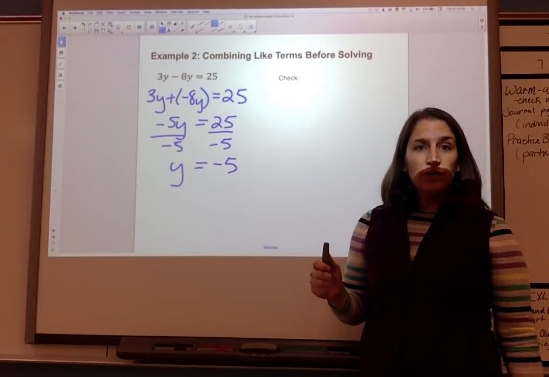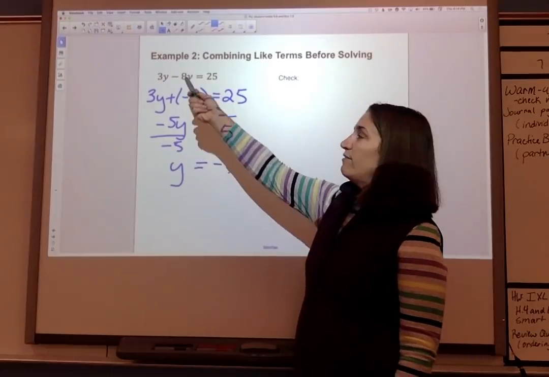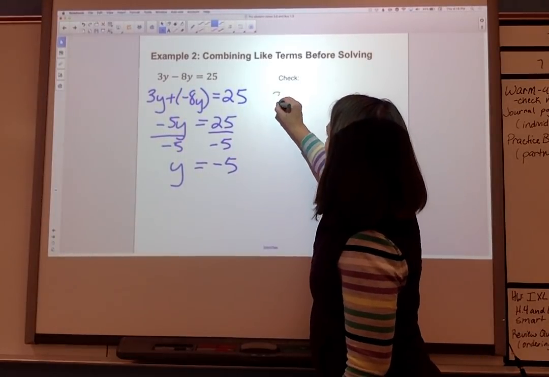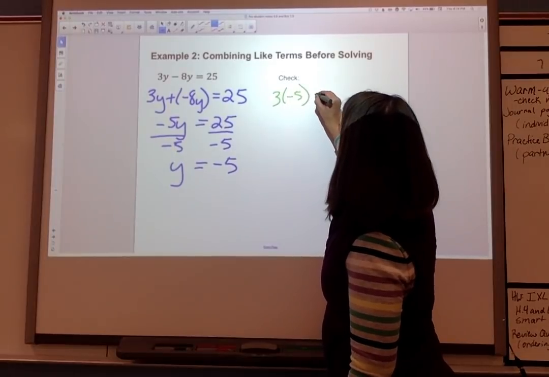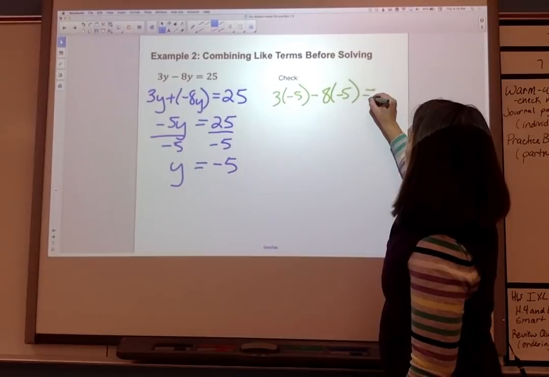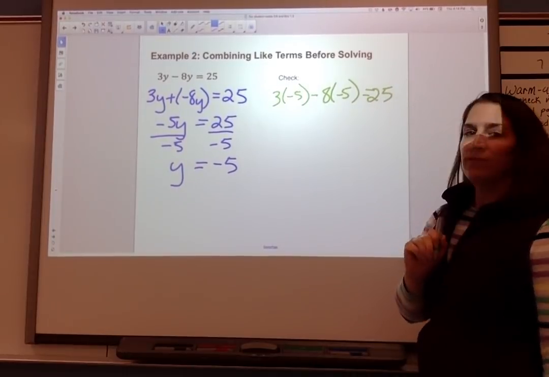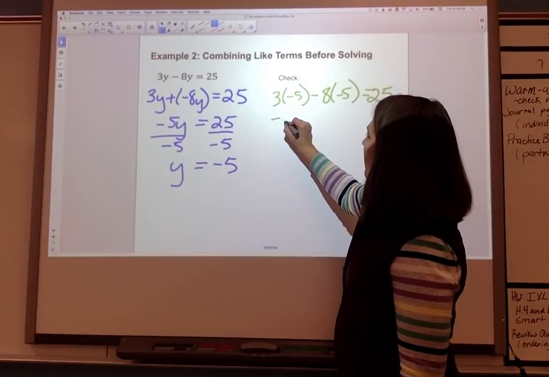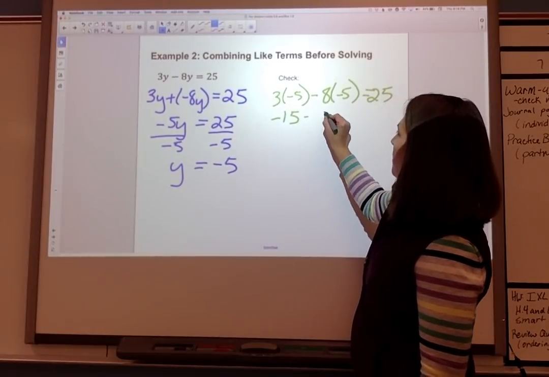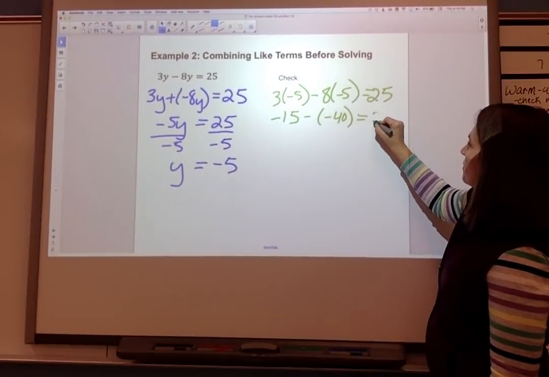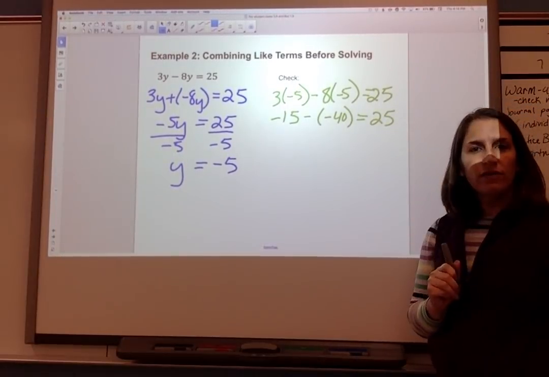Let's go ahead and check our solution by putting negative 5 back into our original equation in place of y. So we have 3 times negative 5 minus 8 times negative 5 equals 25. So let's do our multiplication first. 3 times negative 5 is negative 15 minus negative 40 equals 25.